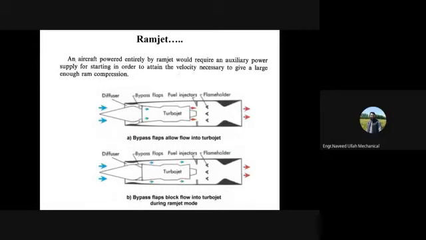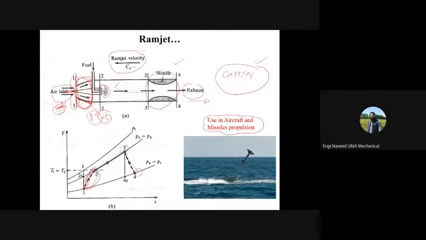अच्छा, बल्कि यहाँ पे लिखा भी है, an aircraft powered entirely by ramjet would require an... अच्छा यहाँ पे अगर आप देखें, let's say for example if your inlet velocity is 0 for example or very low, अगर आपके पास ये इनलेट वेलोसिटी very very small है, तो there will be no sufficient ram air compression and the overall ramjet velocity will be very low. बात समझ आ गई?